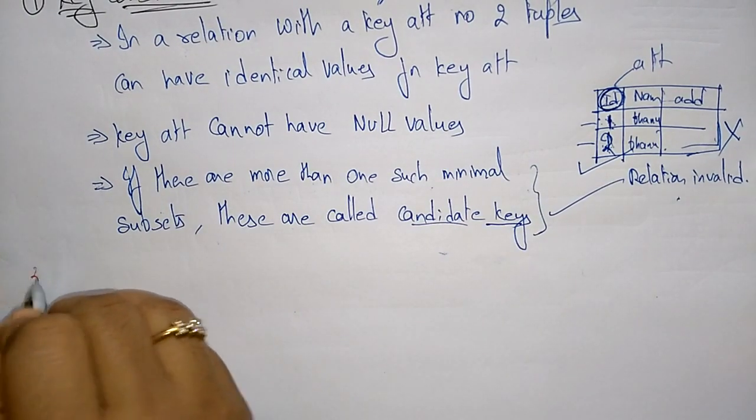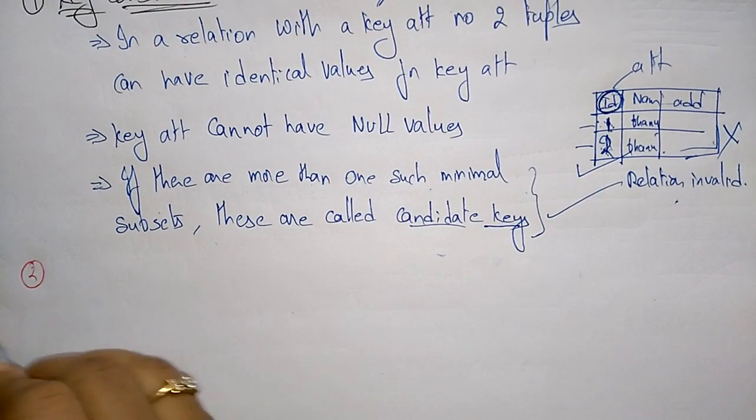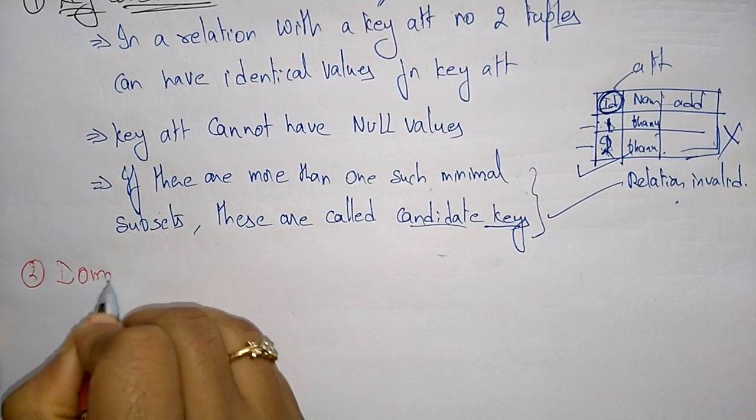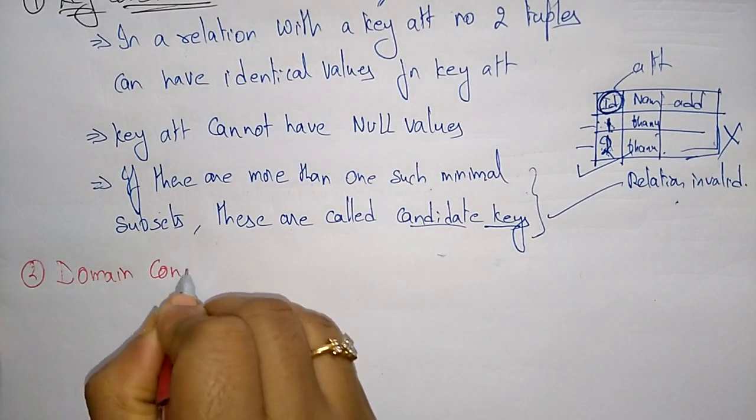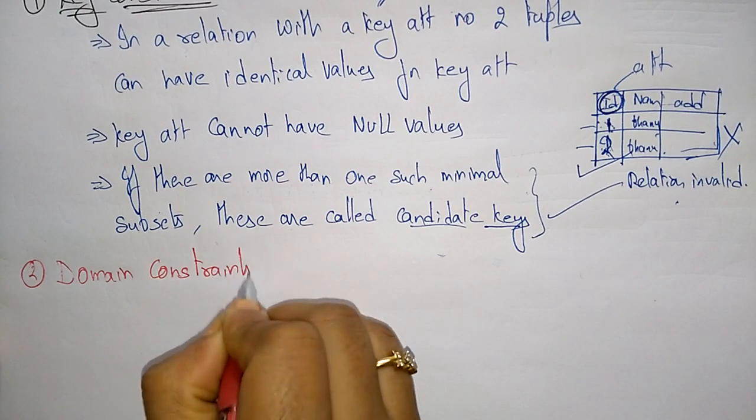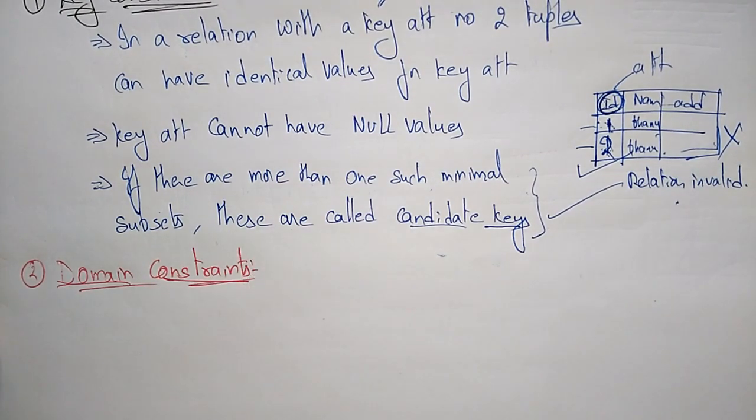Next, coming to the next constraint, that is the domain constraint. Domain is the value that is present in a table.